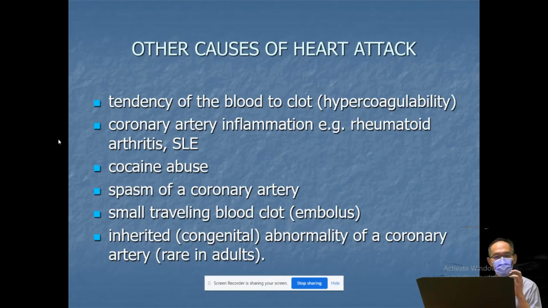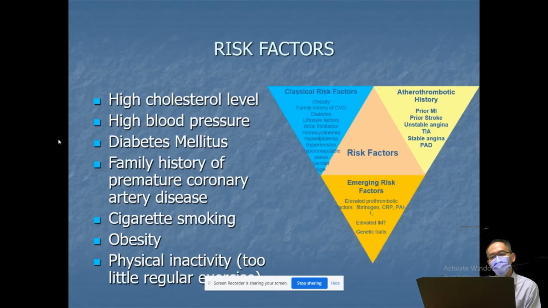The artery can also have a spasm, a sudden contraction that impairs blood flow. Some clots from other parts of the body can form a small embolus and block the vessels. Very rarely, a congenital abnormality of the coronary artery can cause a heart attack as well.